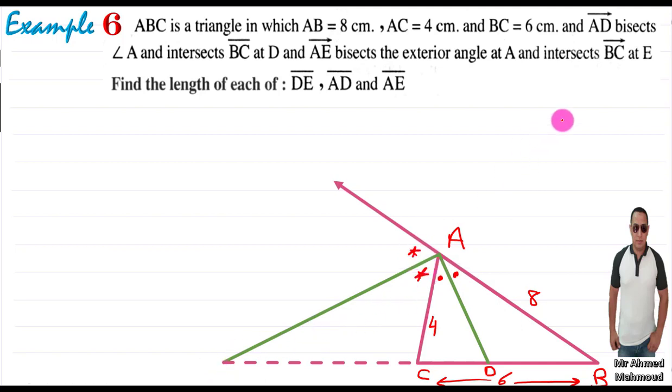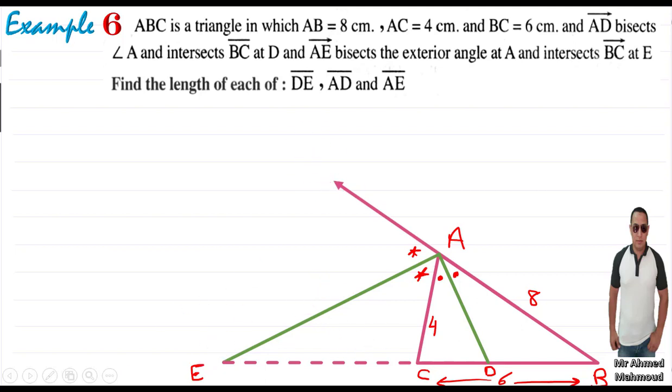It intersects BC at E like this. This is E. So AD is the internal bisector and AE is the external bisector. Find the length of DE, and find the length of AD and AE.